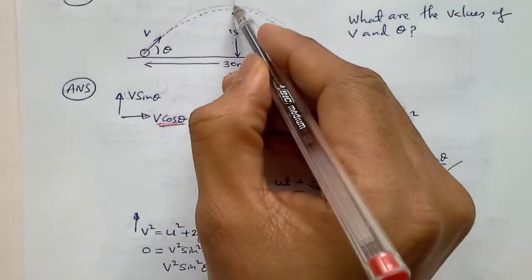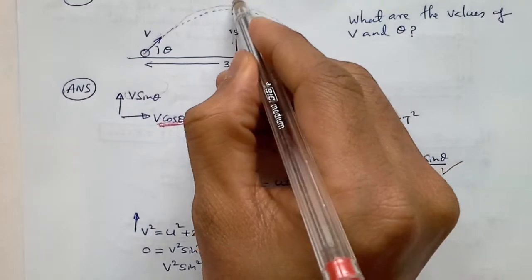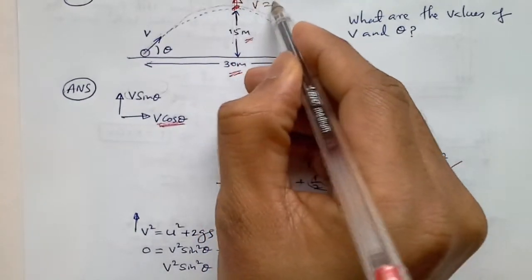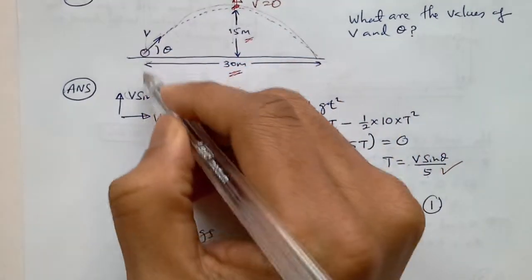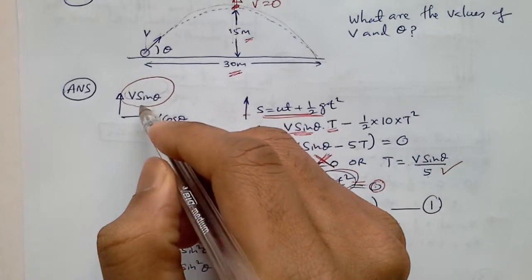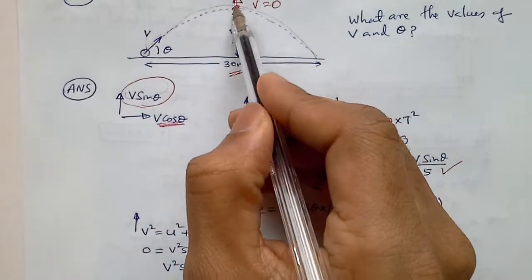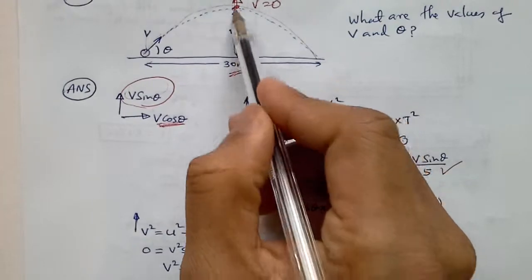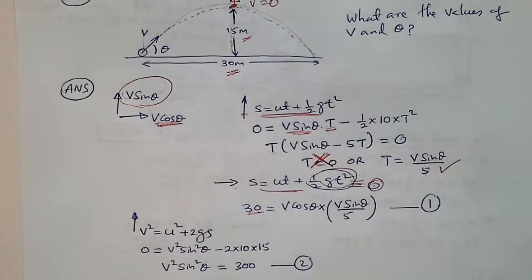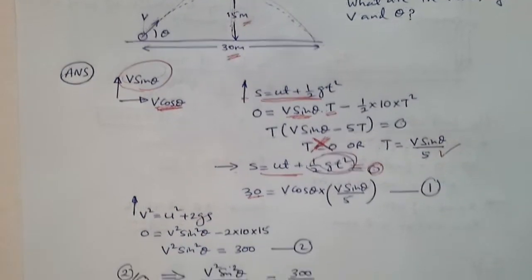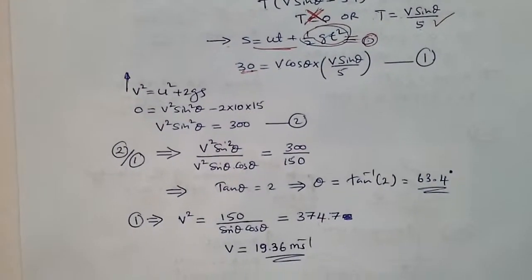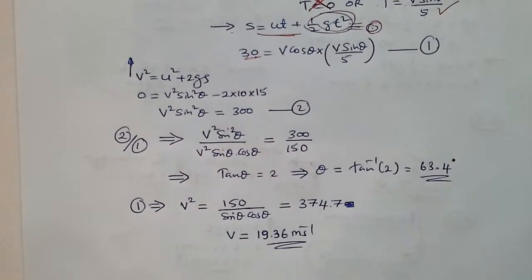At this position, the top, the final velocity would be 0. The initial velocity would be v sin theta and we know the distance traveled by the object upward is 15 meters. So I'm going to use these quantities to get another equation.